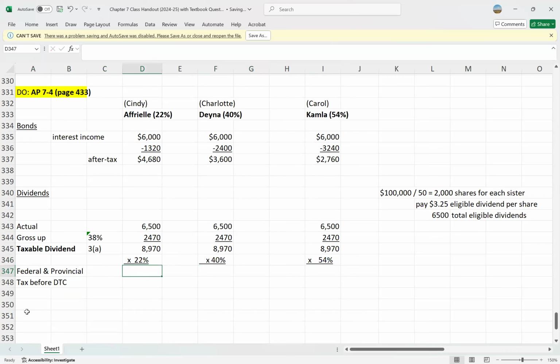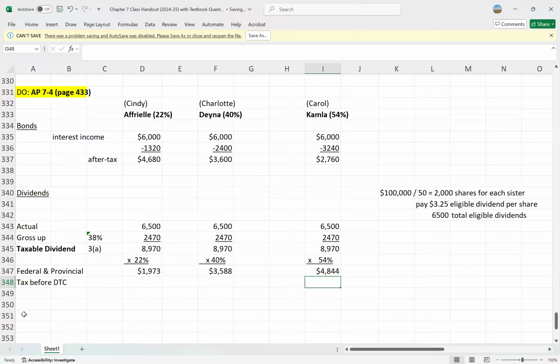So the tax, federal and provincial, before the dividend tax credit for Cindy will be 1,973. For Charlotte, it's going to be 3,588. And for Carol, just rounding to the nearest dollar, 4,844.